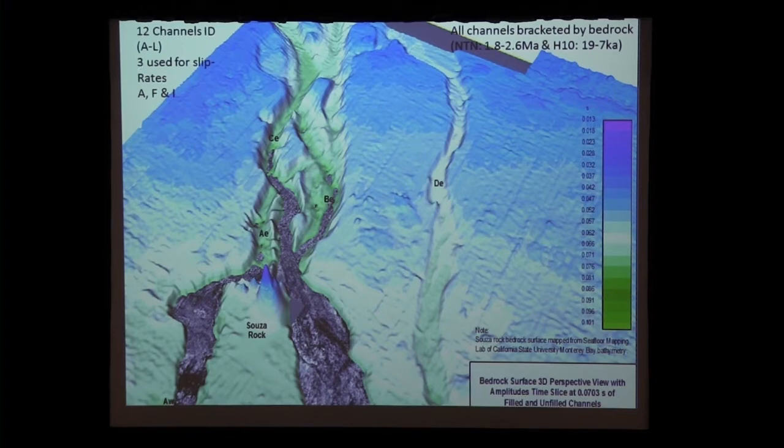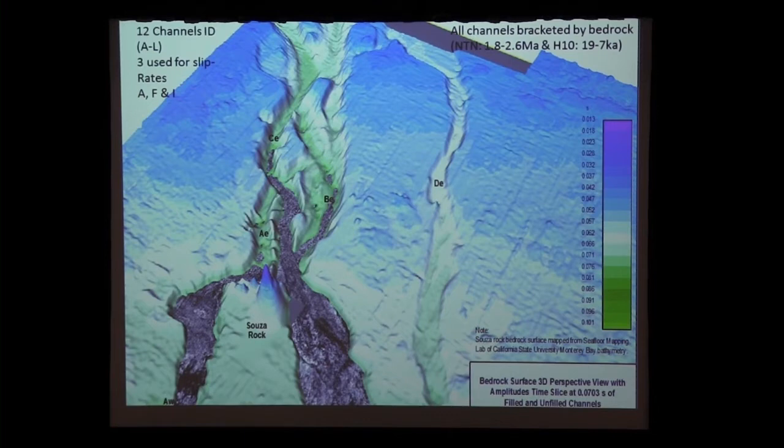Most of the channels that we saw did not exhibit offset, so we really didn't feel that they were showing us anything, although they play a part in telling us something about the activity on the Shoreline fault.